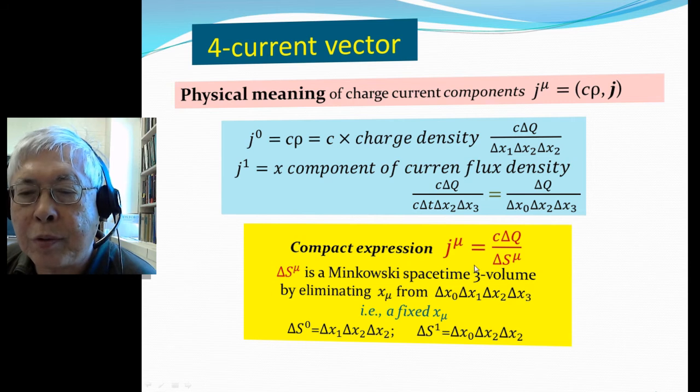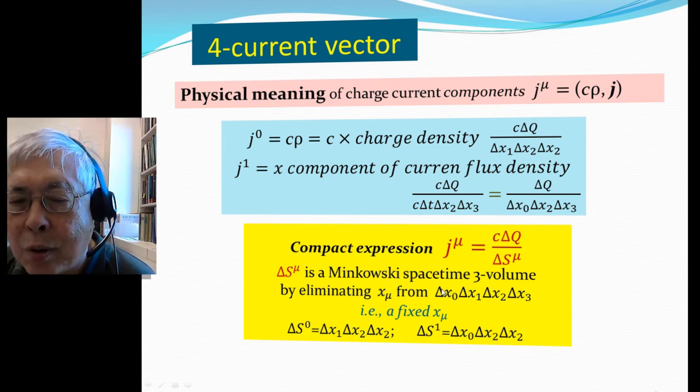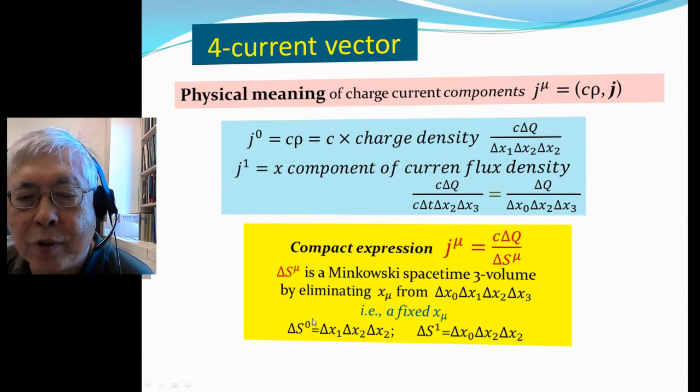The Minkowski four-volume would be delta x naught, delta x1, delta x2, delta x3. That's the four-volume. But three-volume means there is no interval in one direction. For example, delta S mu means that x mu is fixed, so that term is absent. For example, for delta S naught, x naught is fixed, so there's no interval in x naught.